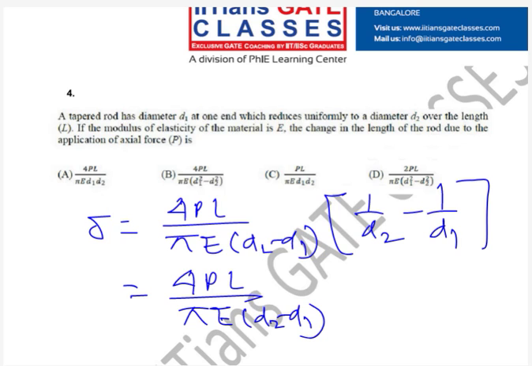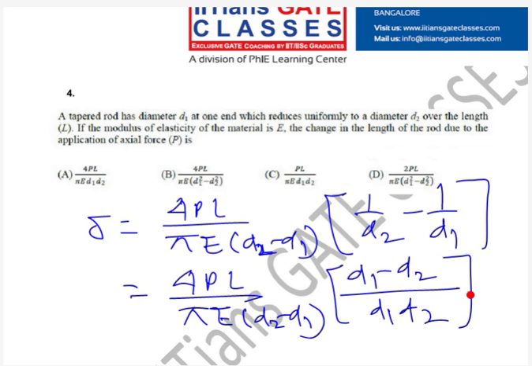D1 D2 take LCM, we'll get d1 minus d2. I think somewhere I missed a negative or positive sign. Okay, let me check. Why this negative sign?